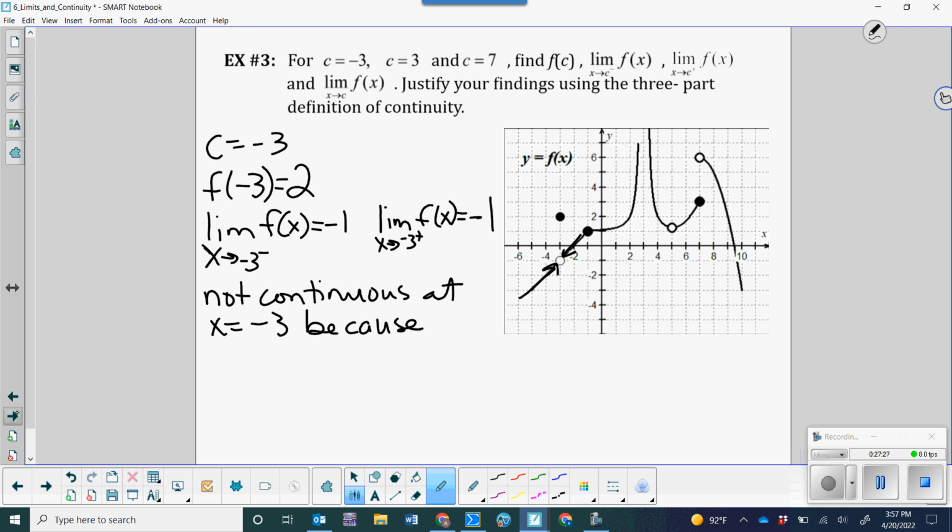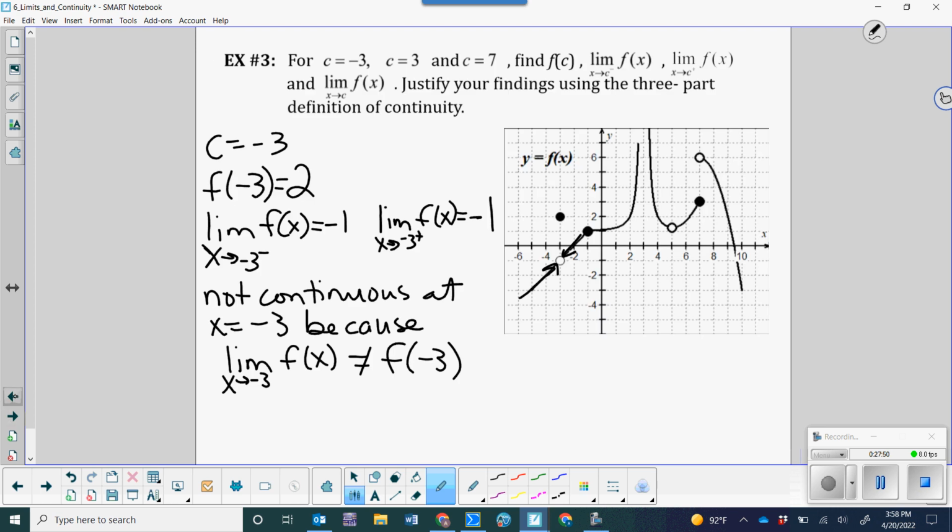So that's what you say. It's not continuous at x equals -3 because the limit as x approaches -3 of the function is not the same as the function value. So now I've proved that it's not continuous there, and I just have to show the one reason, and that's it.